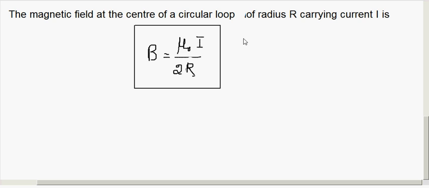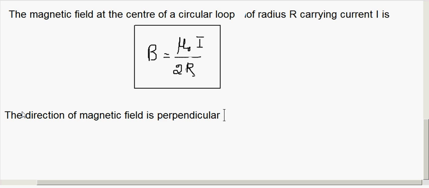Because we have assumed a clockwise current in this case, the direction of magnetic field will be perpendicular to the plane of the paper and directed inward.